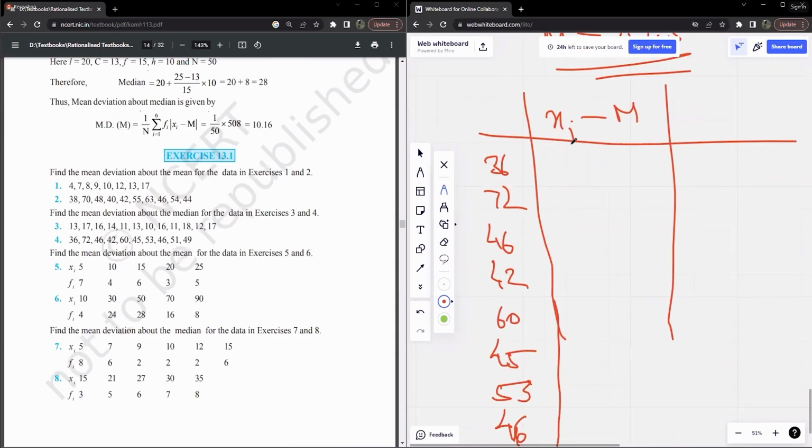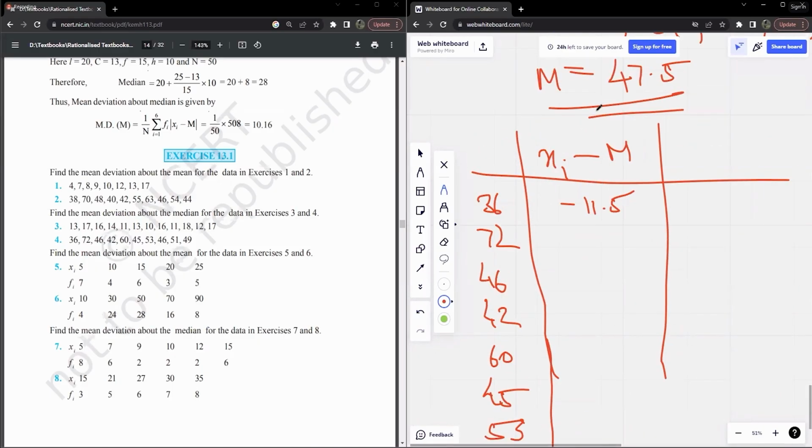Right. 36 minus 47.5 is negative 11.5. This is, wait, 48. 48 is a 0.5. Then you have 72, then this is 24.5.